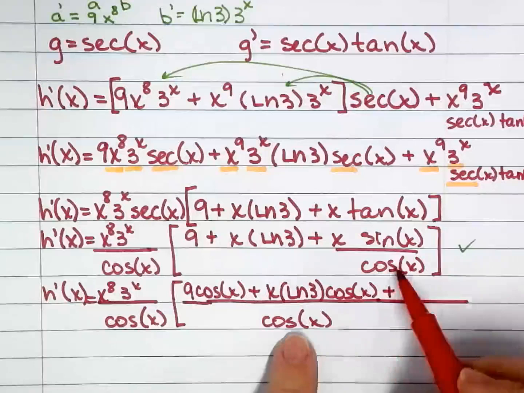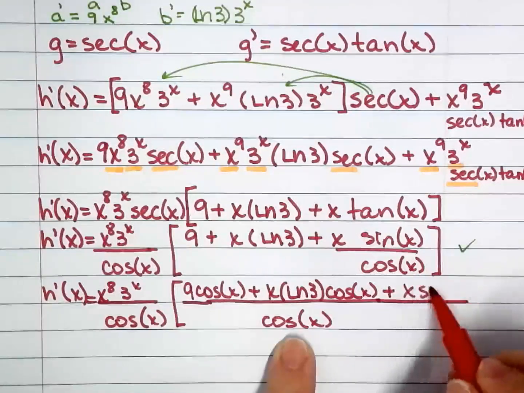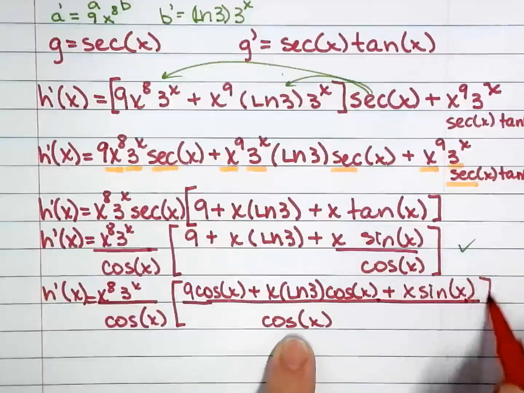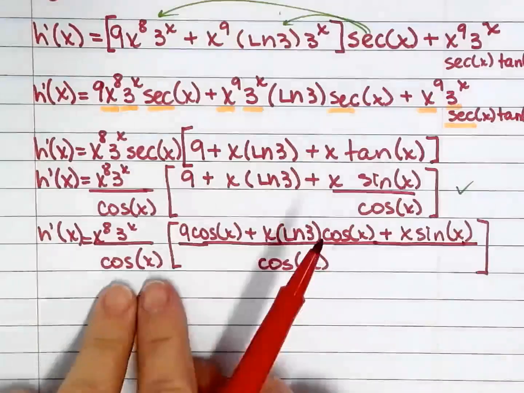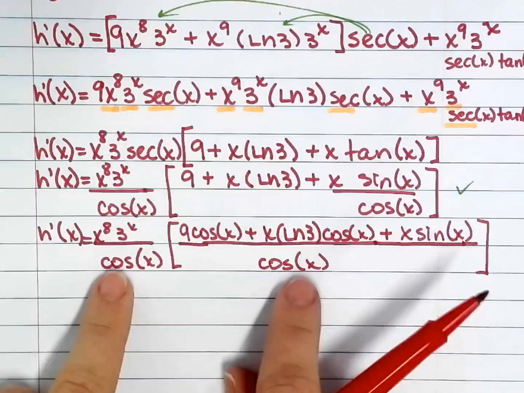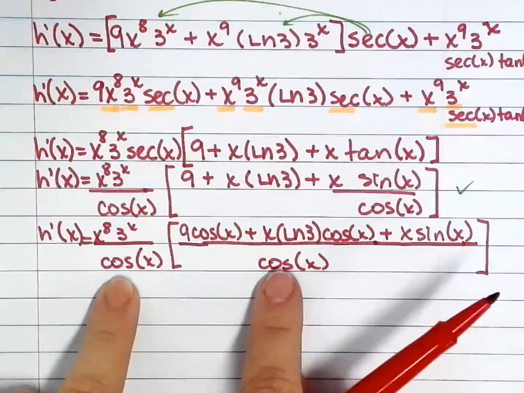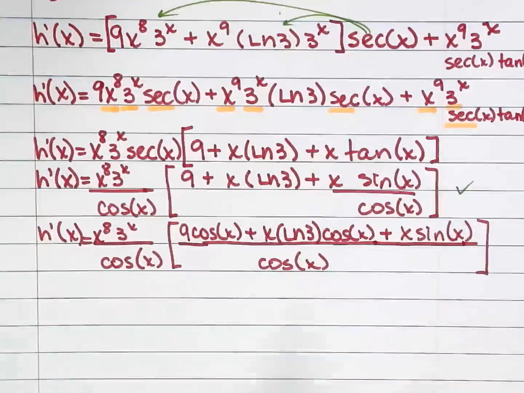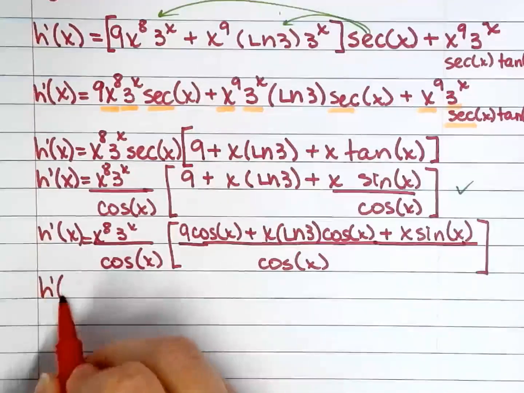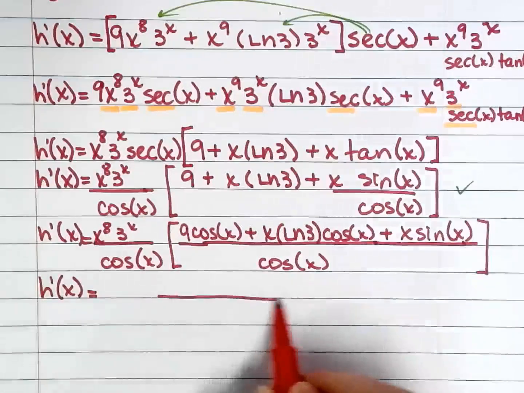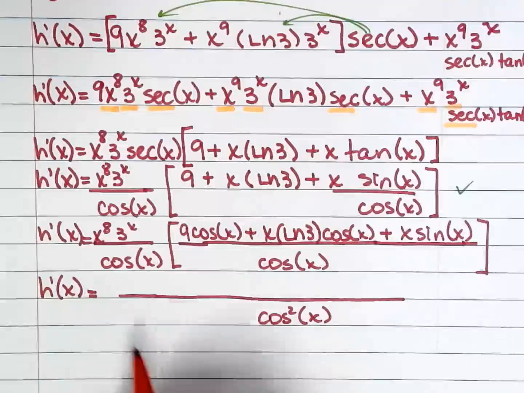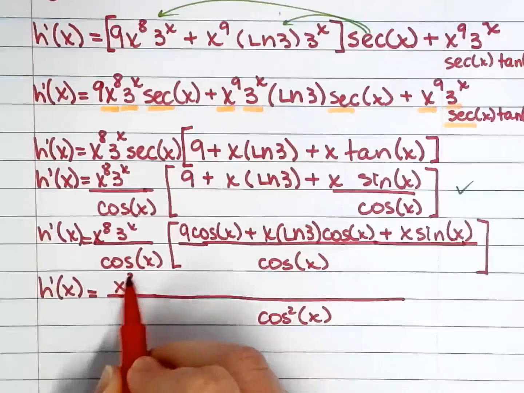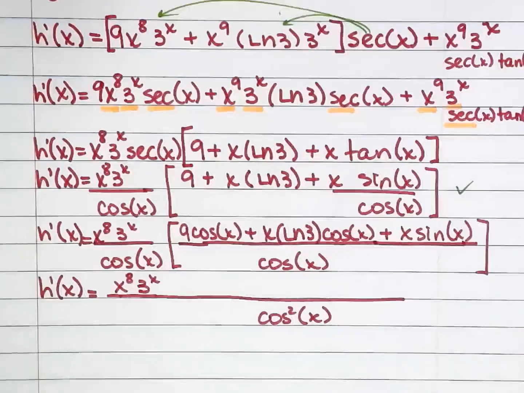This doesn't change because it's already under the cosine of x denominator. Now I would multiply this and make this all under one denominator by multiplying cosine times cosine, which is cosine squared. And then the numerator is not going to change because it's fully factored out already. And there's nothing I can do to make it prettier.